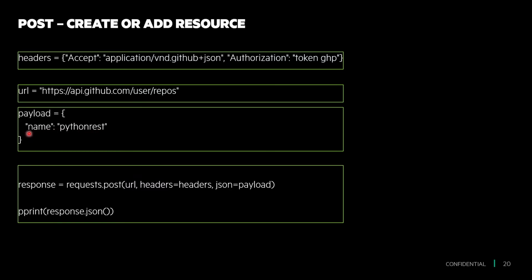So we need to pass this particular information, name and the value of the name. We are calling post on top of requests. With requests.post, we are passing three arguments: URL, headers, and the payload. This is the one we constructed, which has the information about the name of the repo we are going to create.